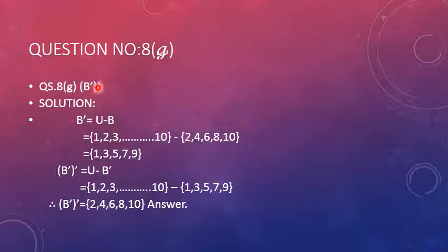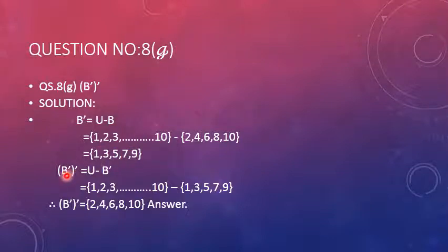Here 2 times or twice complement sign is there. First we have to find inside bracket, that is B complement simple, by the formula U minus B. In the second step I have written all 10 elements, and in the second bracket I have written elements of B 2, 4, 6, 8, 10. By deducting 2, 4, 6, 8, 10 from the universal set, B complement answer is 1, 3, 5, 7, 9.